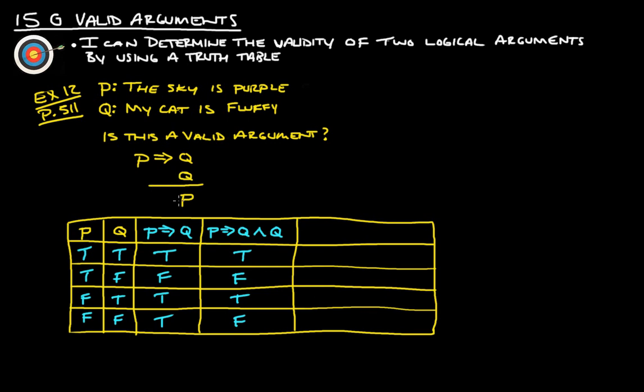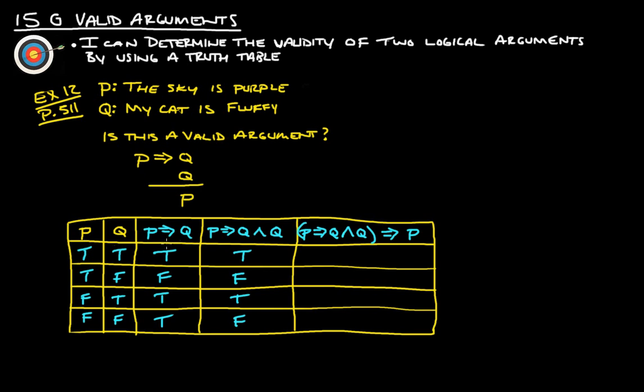And then does that lead us to P? So does that imply P? So we would write P implies Q and Q, and I'm going to put that all in parentheses so we know that that's the original part. Does that imply P? So does this lead to this?